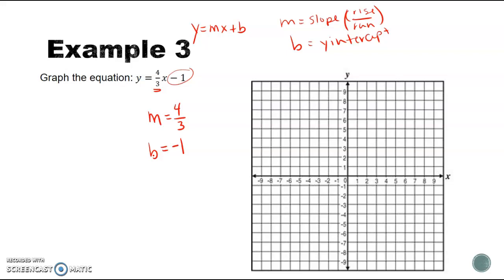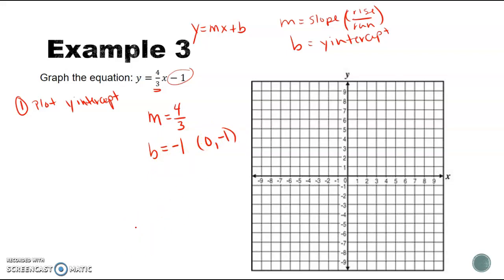To graph, step 1 is to plot the y-intercept. Remember, the y-intercept is the point 0, comma, whatever our y-intercept is. In this case, it'd be 0, comma, -1.